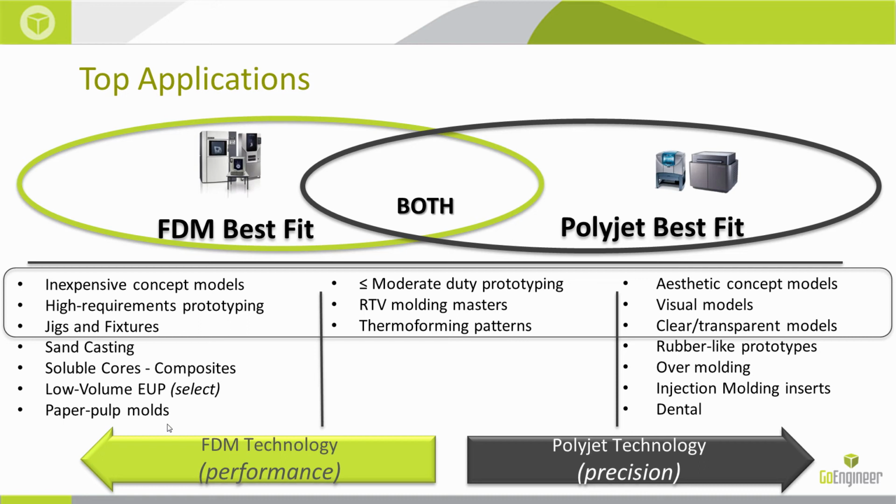Also, low volume end use parts. So an end use part to us is a part that's printed and put into the final product that's eventually sold. So a lot of our printers have printed parts. They're end use parts. Another example is Airbus. Airbus recently put out a YouTube video talking about their end use ULTEM parts in some of their older airliners.